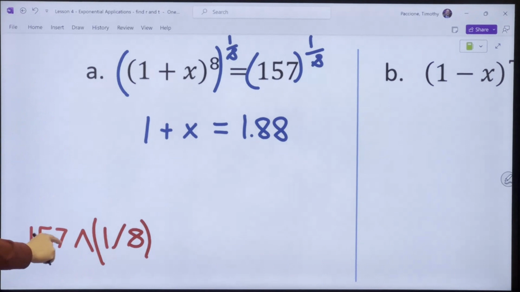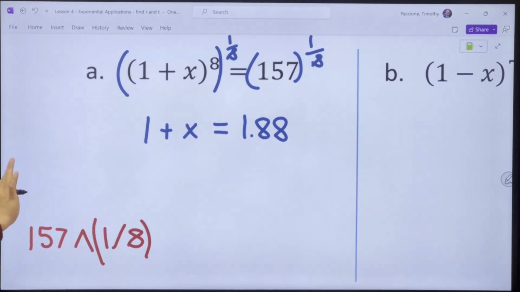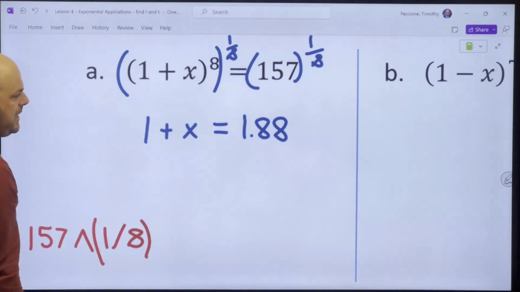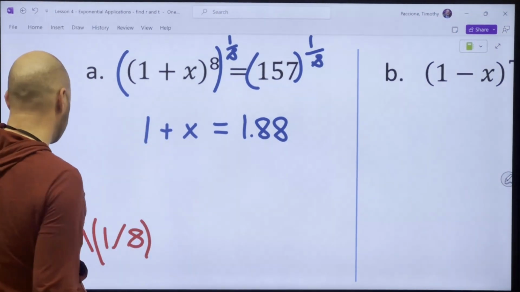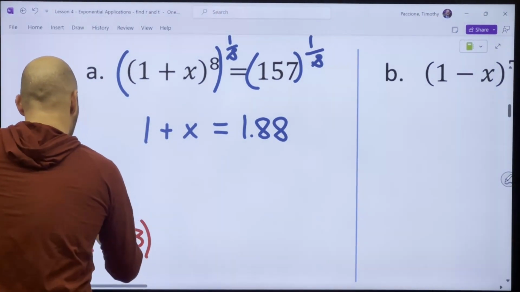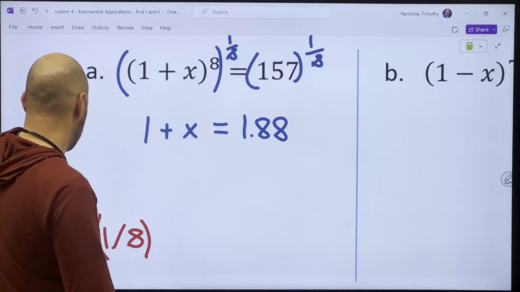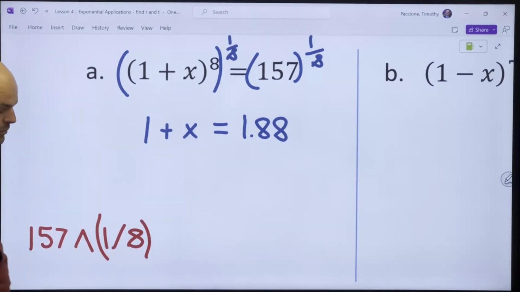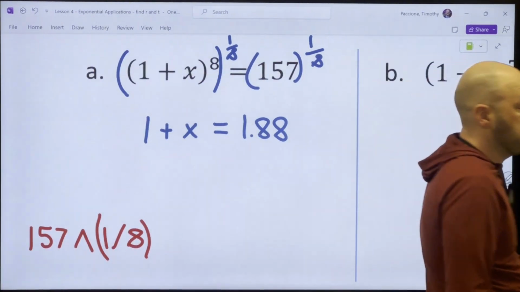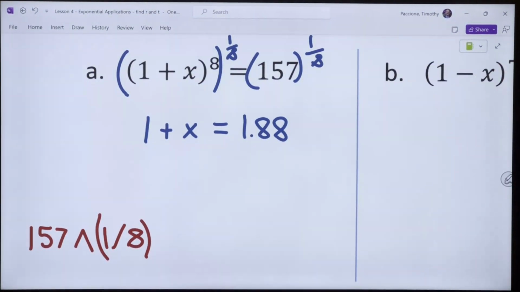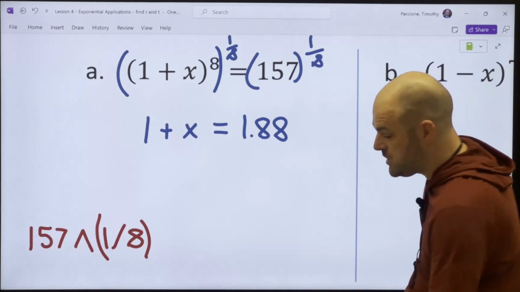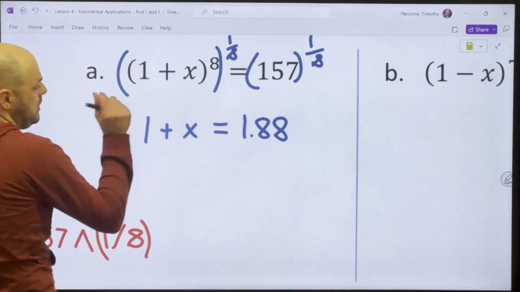Without the parentheses, it thinks you're taking it to the 1, enter, divide by 8. That's not the same thing. Take it to the 1/8. Okay? Now, you have a graphing calculator, on the scientific ones.